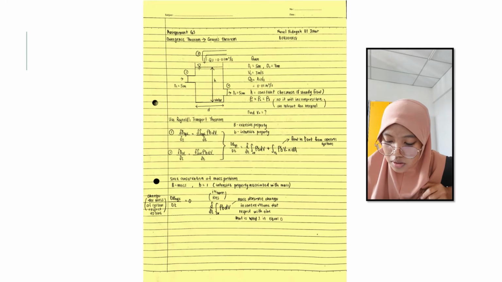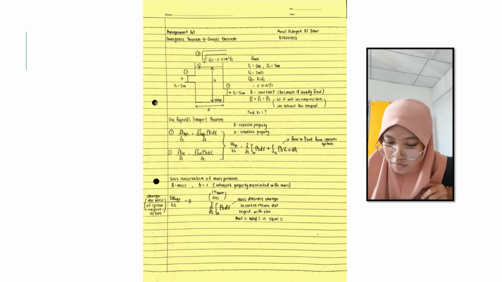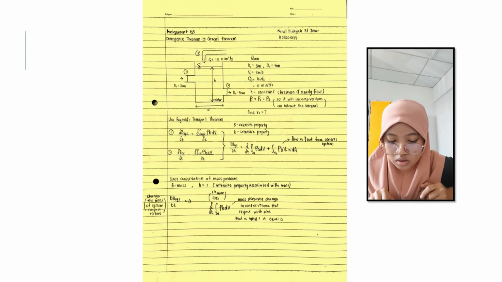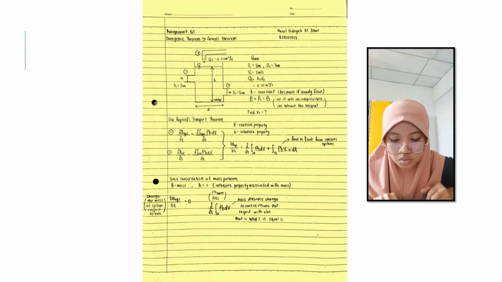B big is for the mass extensive property. The change of the mass extensive property of the system with respect to time is equal to 0. We also assume that the mass in the control volume does not change with respect to time, so it is equal to 0.